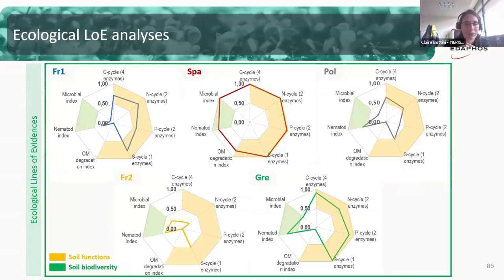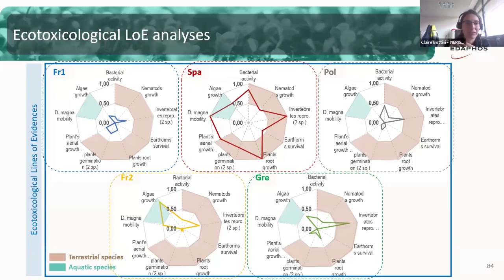So those figures are for the ecotoxicity data. Once again, we have sites that are responding differently to those different concentrations. The Spain site, for example, in red, shows alert signals for every measurement we had. We had measurements for terrestrial species, which are in brown, and aquatic species in blue.